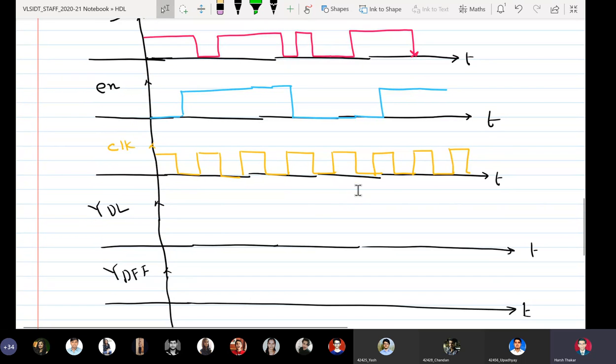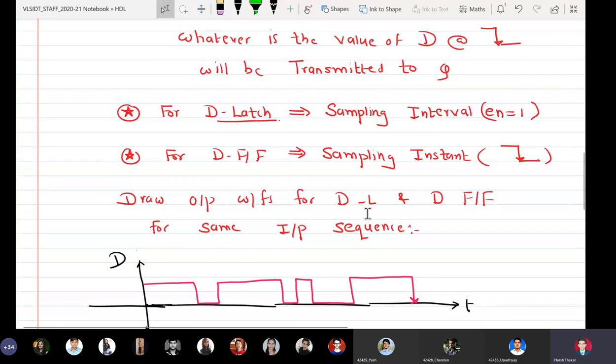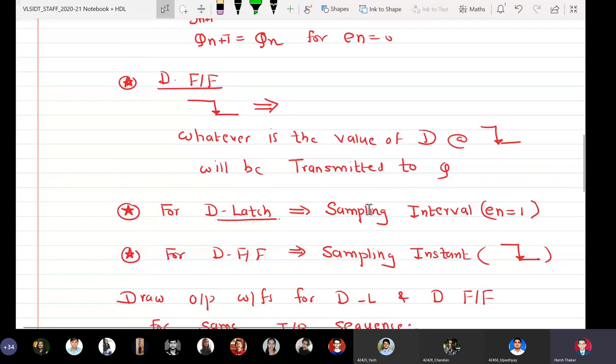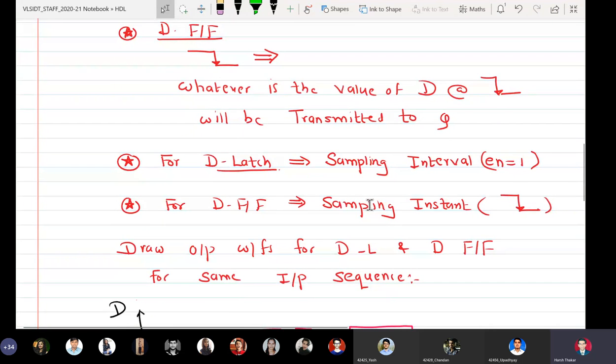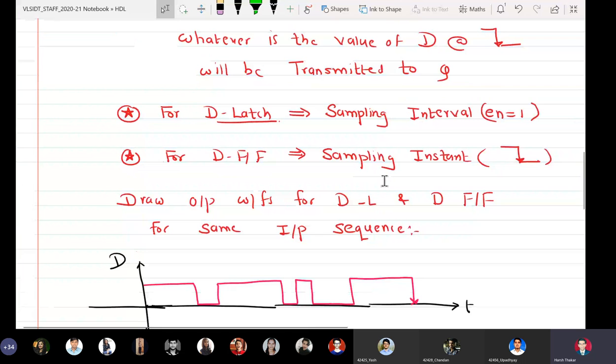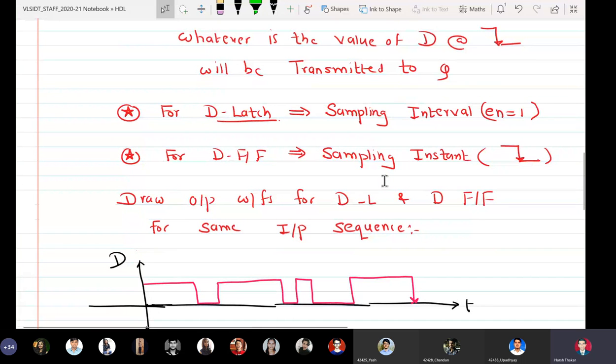Okay, now based on these two principles, for D latch we have sampling interval. So the input sequence is transmitted to the output Q only as long as En equal to 1, and for a D flip-flop the value of input D is sampled at the arrival of falling edge of the clock, that is transmitted. Apart from that, it is remembered.